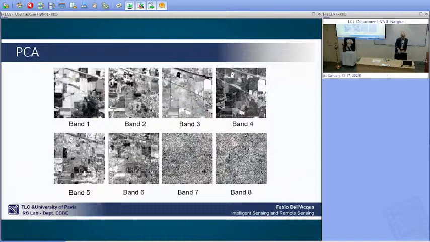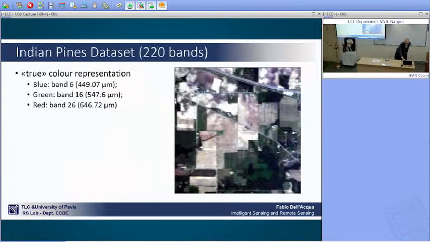Okay, I'm saying you can assess it visually. This is an RGB rendition of the original data set. So spatial information will help you assess whether the image that you're looking at makes sense, so it contains information or not.